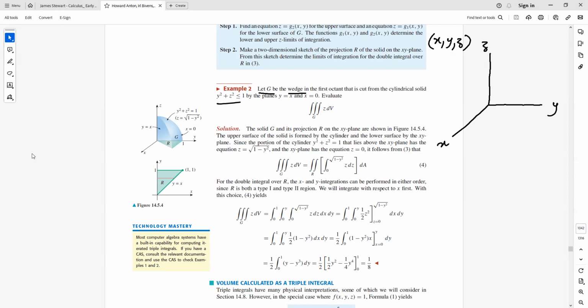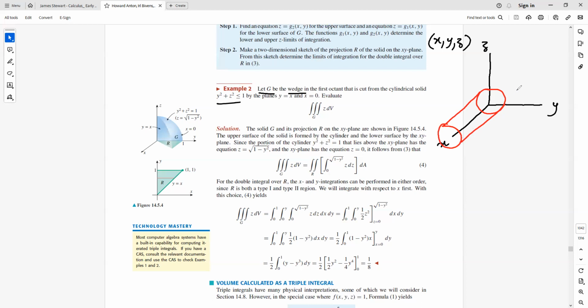So this solid looks like the surface we can just draw here. It means that it is stretched in the x direction like this.